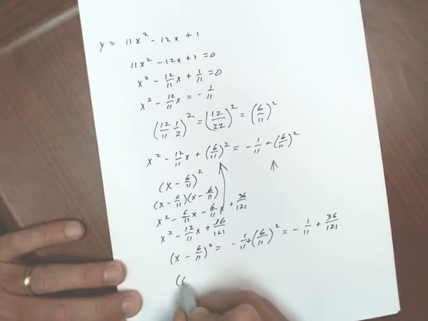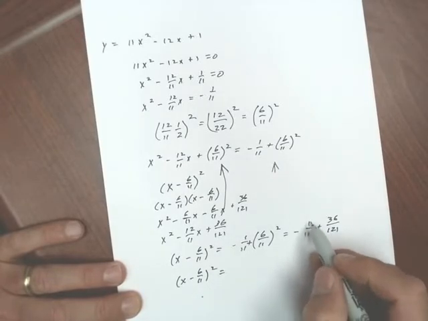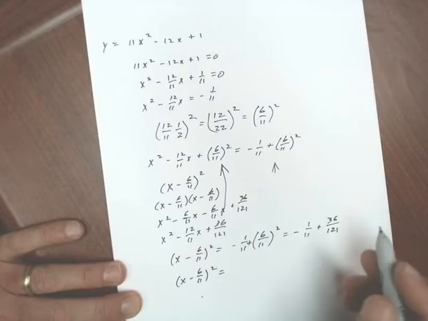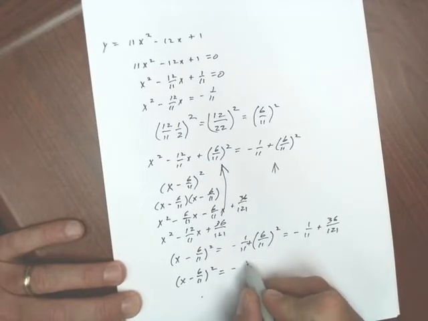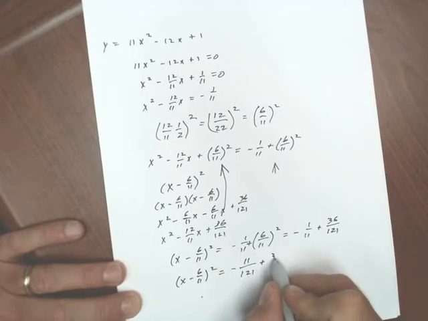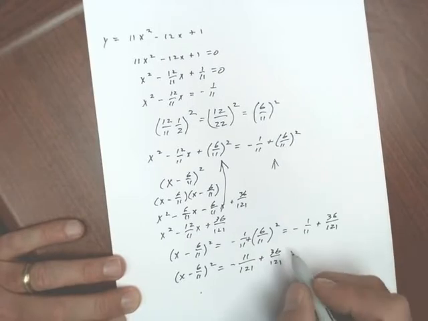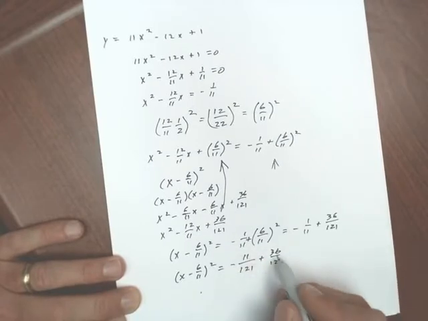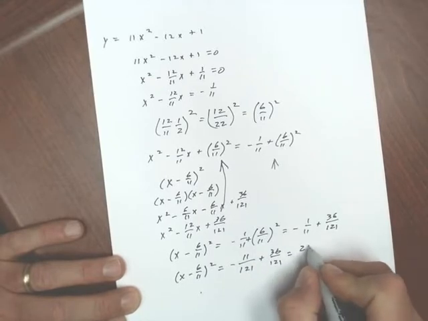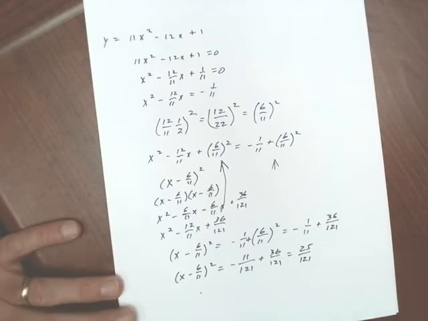What does this give us? This gives us x minus 6 over 11 squared equals, okay, so now we're going to find a common denominator, negative 11 over 121 plus 36 over 121. Okay, now this here equals 36 minus 11, which equals 25 over 121.